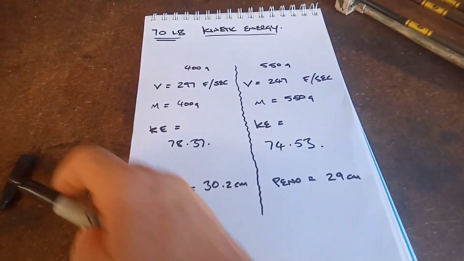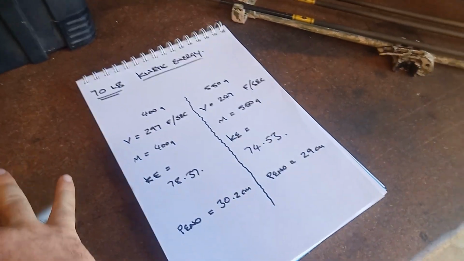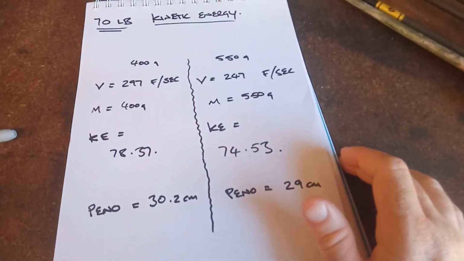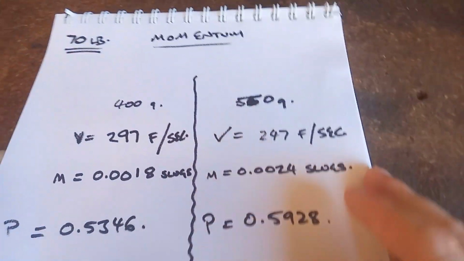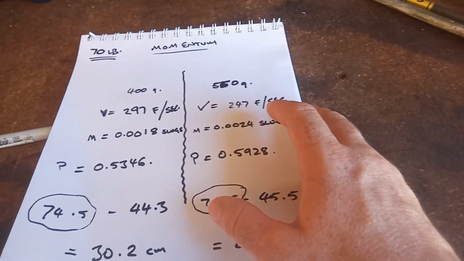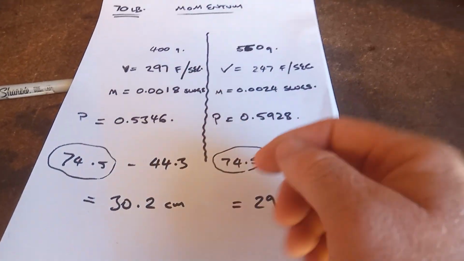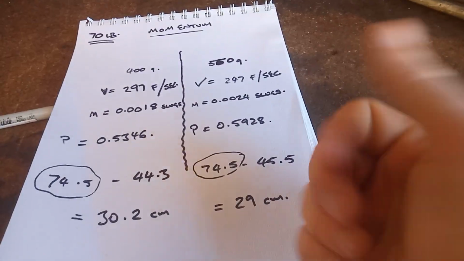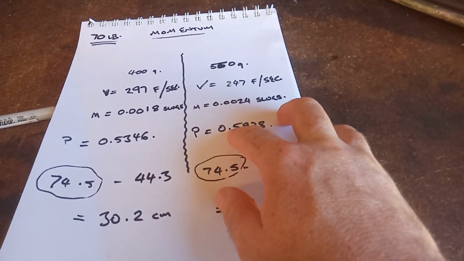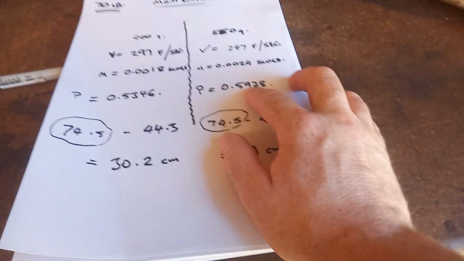Which is interesting because, if we have a look at our previous results first, our momentum results showed us that the slightly heavier arrow, the 150 grain heavier arrow, gave us a 0.06 increase in momentum.